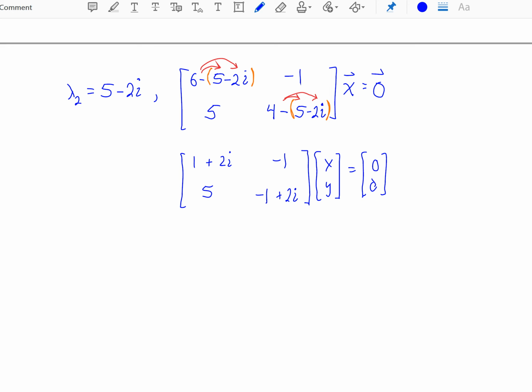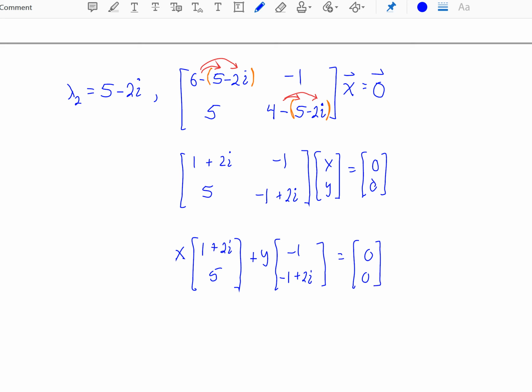And I find it easiest if we write this as a linear combination of the columns of the matrix A. So x times the first column plus y times the second column. And even then, I still find it easier just to focus on one row of this product.